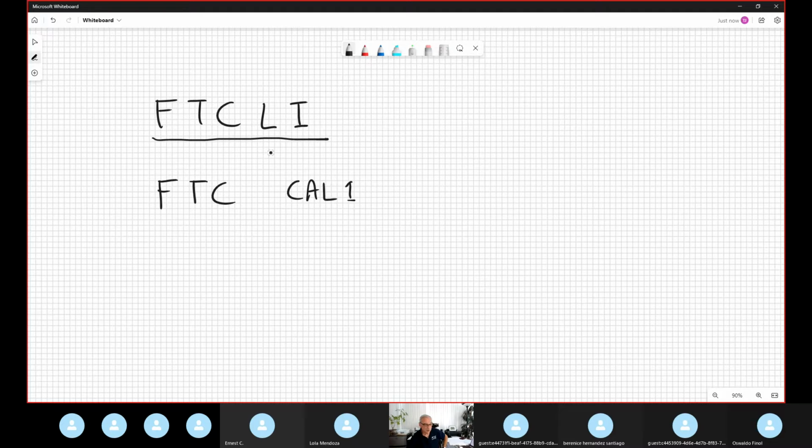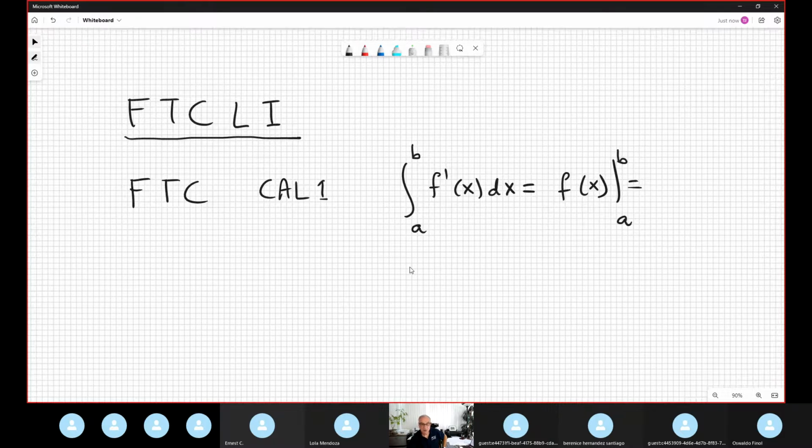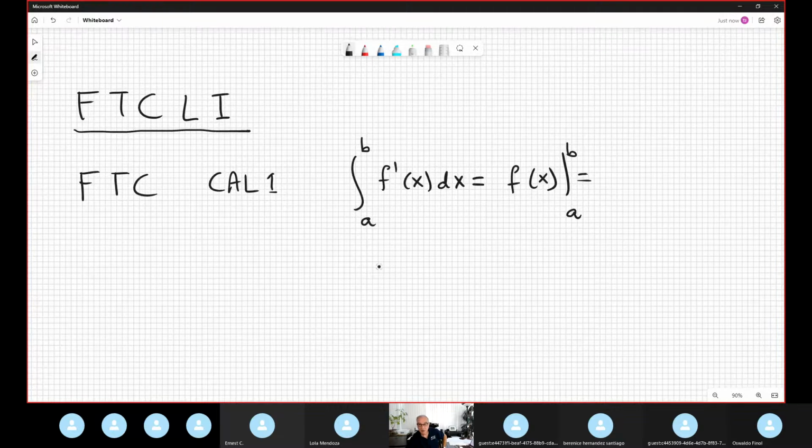However, the first part is the most important: the integral from a to b of the derivative of a function. The only thing you should do is compute the antiderivative, which obviously is the original function, and evaluate between a and b. So the answer is f(b) minus f(a). End of story. Fundamental theorem of calculus.